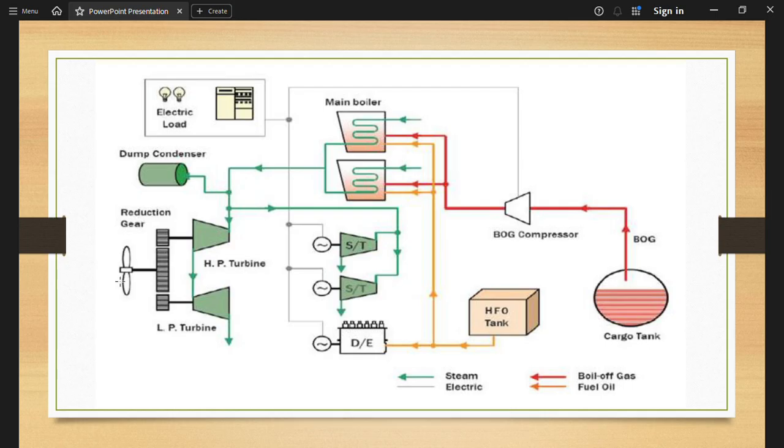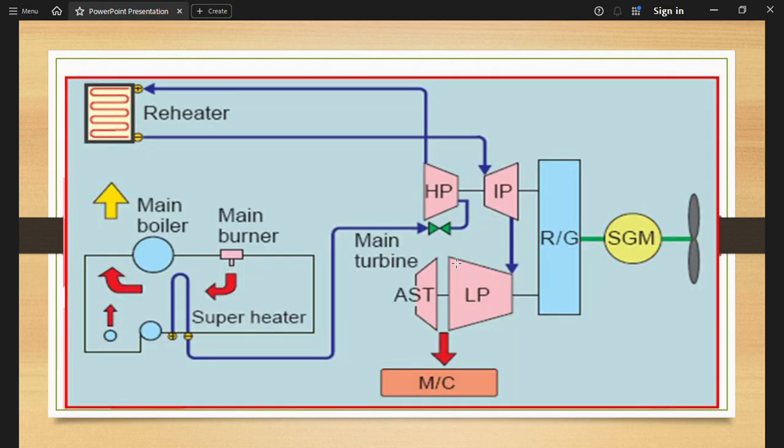Then we have the electric generator. From here this is going to the load, and the boil off gas compressor is running from this generator. I hope this diagram is clear for you. This is a basic diagram.